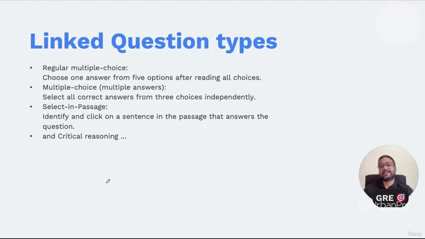You have three kinds of question types attached to reading comprehension as well, irrespective of the skills that are tested. You have a multiple choice question, meaning you have 5 answer options and 1 right answer. You will have a multiple response question where you will have 3 answer options with check boxes next to them. But unlike a sentence equivalence, here you can have 1, 2, or 3 right answers.